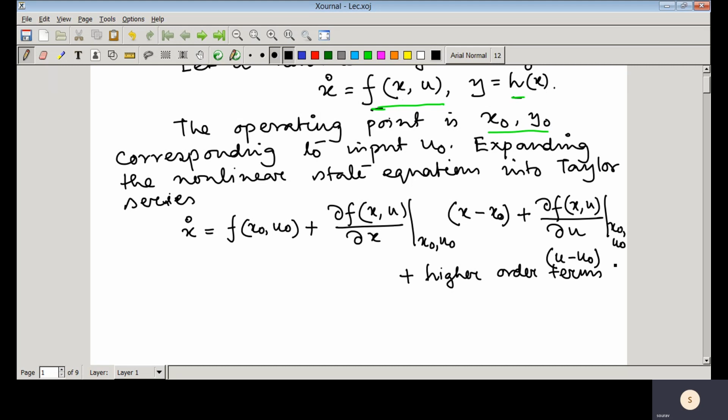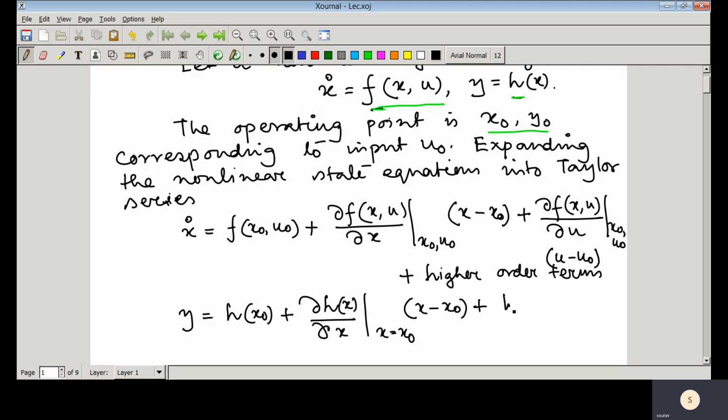We are only taking the first order terms. And what would be the output equation? The output equation is y equal to h(x0) plus, as we have assumed that it is not a function of u but only of x, del h by del x evaluated at x equal to x0, times the small perturbation, plus higher order terms.